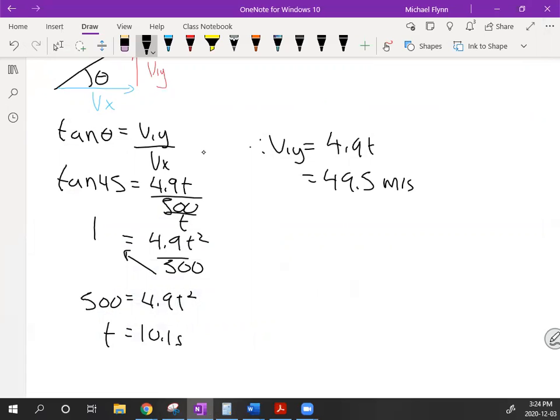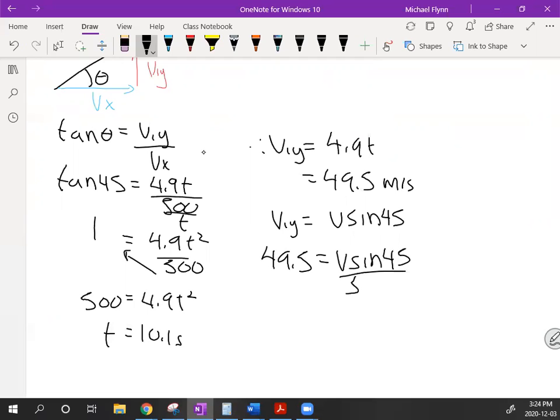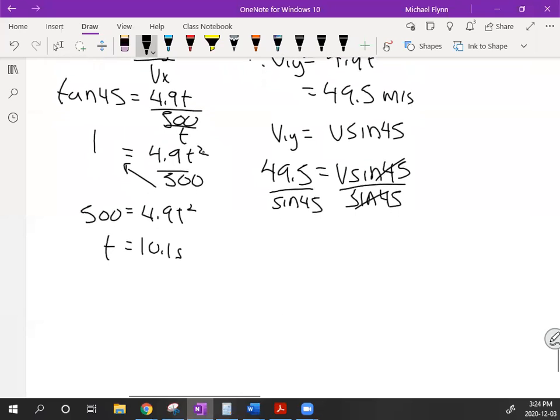And now, finally, I'm going to use my y component. I'm going to say v1y equals v sine of 45. So I know this is 49.5 on this side equals v sine 45. Just divide both sides by the sine of 45.